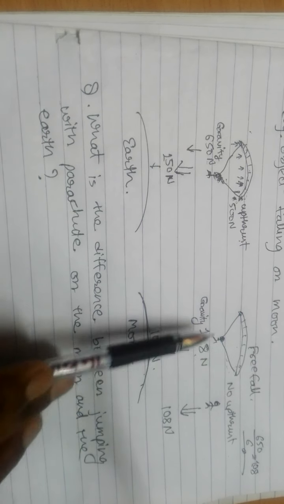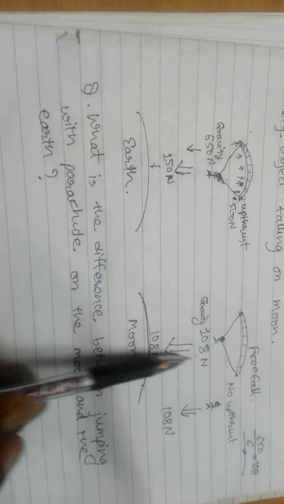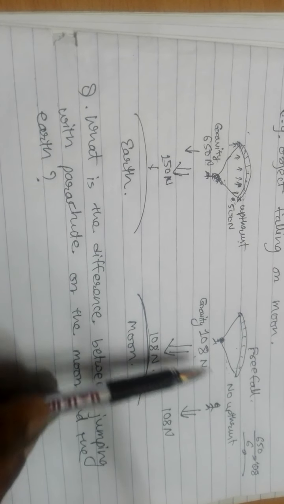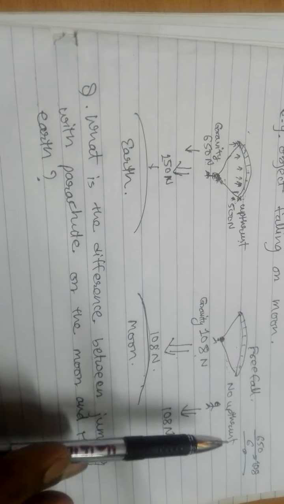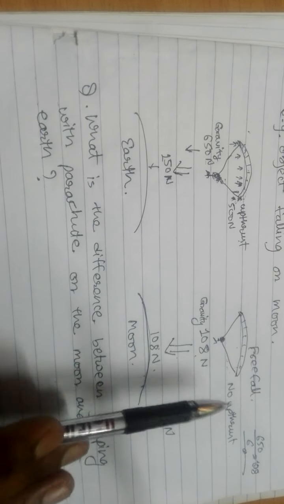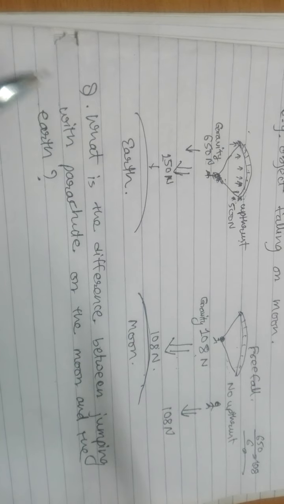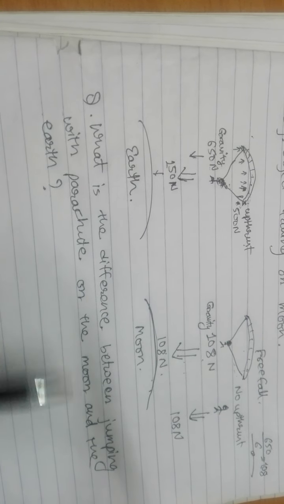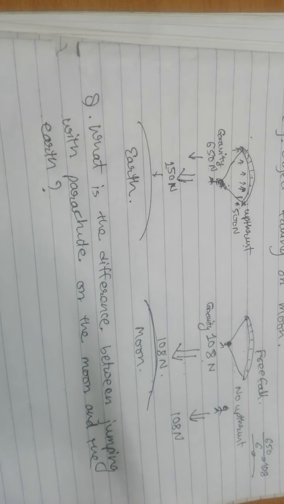As a result, the person falls under the influence of gravity alone. Whether he has a parachute on or not, it does not make any difference. The person falls freely on the moon. That is the difference between jumping with a parachute on the moon and the earth.